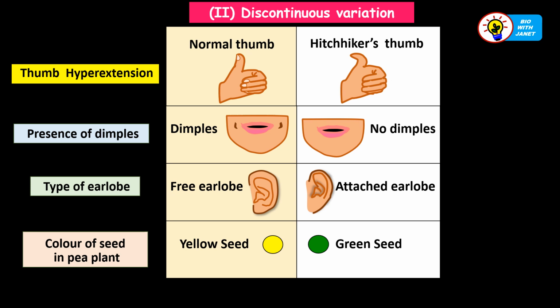Whereas for continuous variation, normally there are many different phenotypes with many intermediate phenotypes involved. So that's one way to identify whether it's continuous or discontinuous variation for a specific characteristic.